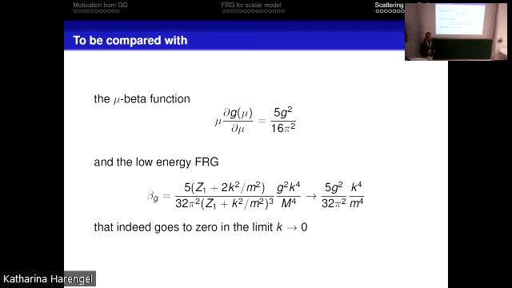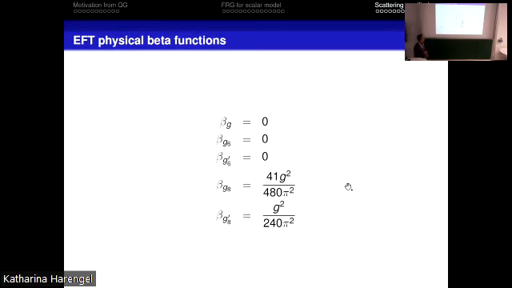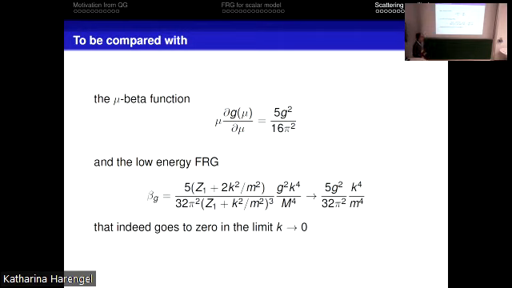So there's a quartic coupling with momentum. Indeed, when k goes to 0 in the limit, this goes to 0. So this is consistent with the statement that in the effective field theory, the beta of G is 0. Sorry, this thing is true asymptotically. This is what the FRG sees. So this quartic running, which you see in the FRG, you can think of as being a part of the threshold behavior, which is not seen in the effective field theory.